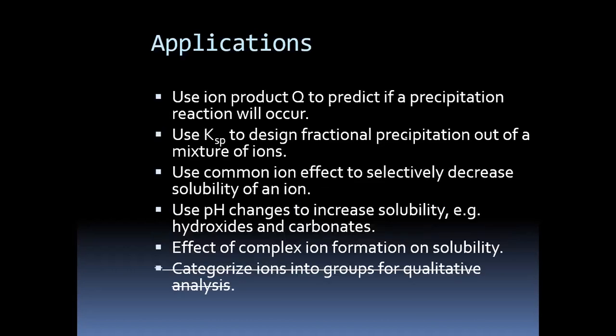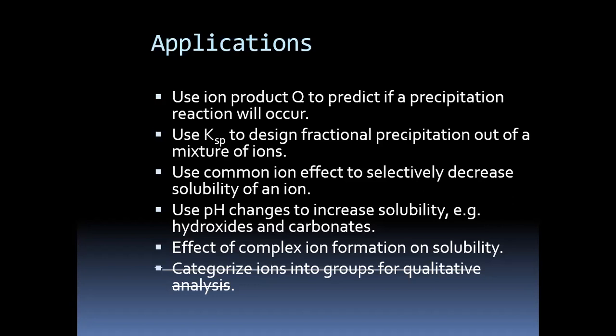Okay, applications. There are several things we have to be able to do with solubility equilibrium. Number one, if I give you the concentrations of the ions, you have to be able to use the ion product Q to predict if precipitation will occur. Remember, the ion product Q is the same as the reaction quotient that we did in the beginning, where you compare it with the actual equilibrium constant and ask, is it less, the same, or more than the equilibrium constant?